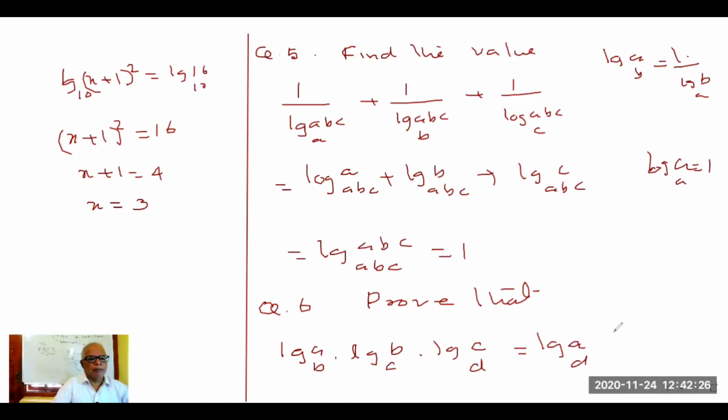How will you solve it? Think. What property will apply? We will apply the base change rule. What is the base change rule? Logarithm of a to the base b is equal to logarithm of a to the base c divided by logarithm of b to the base c. This rule will apply here.